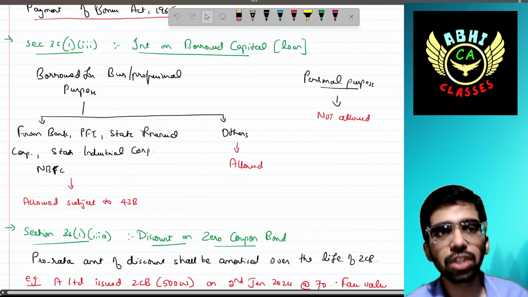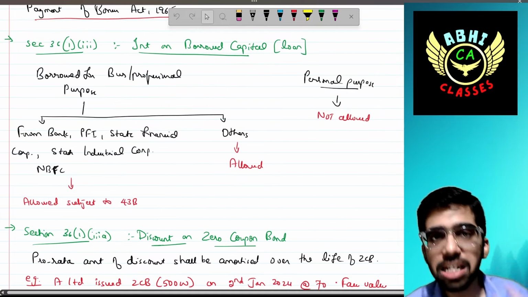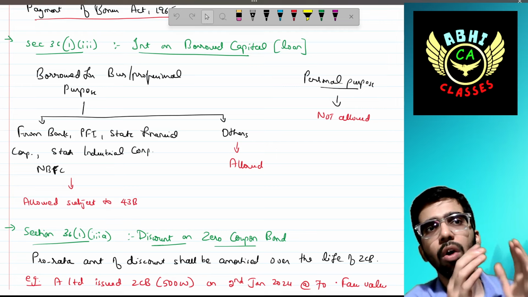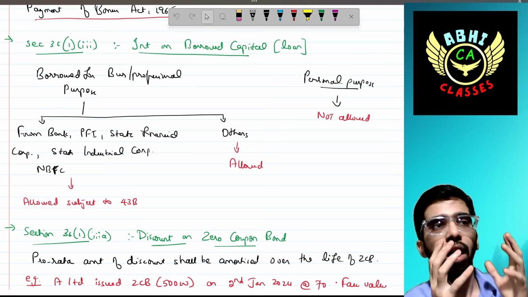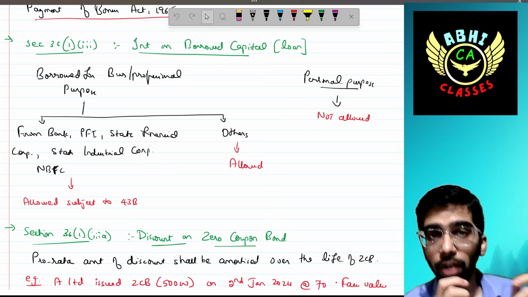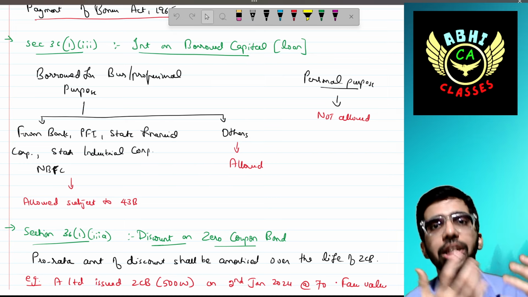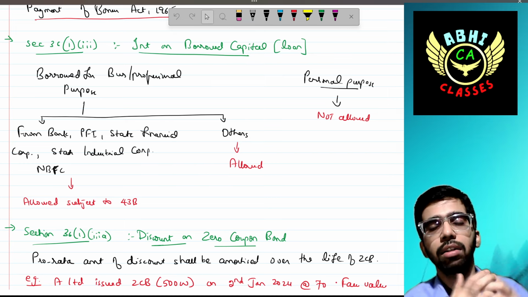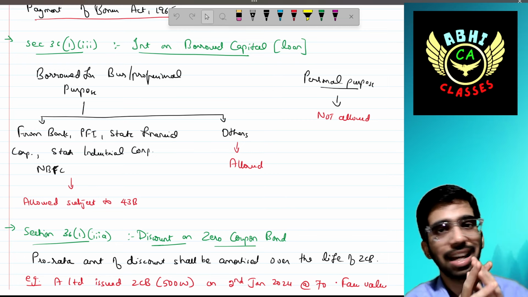Next, section 36(1)(iii) says interest on borrowed capital. If your profit and loss account is debited with interest on any loan, then there would be some classification.